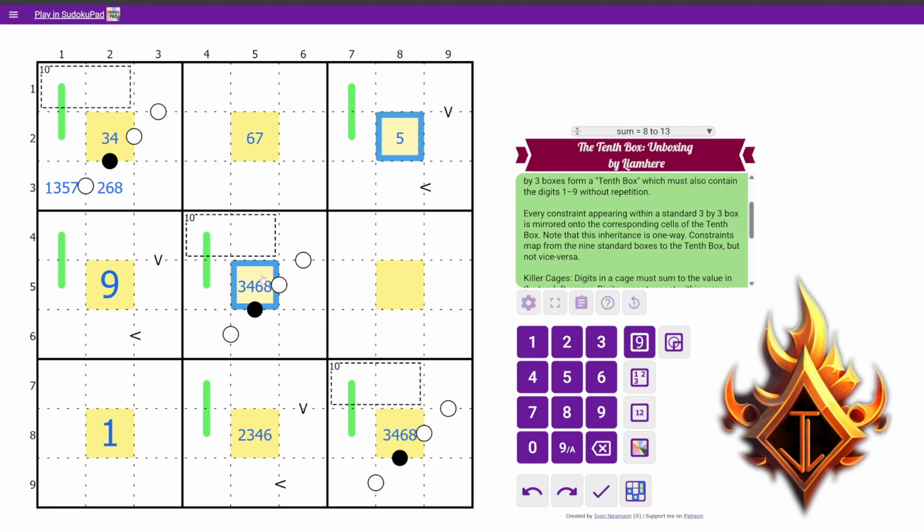Wait. Yeah. 3, 4, 5. Which it can't be. Because if this is 3, that one has to be 4. And then that one could not be. So that cannot be 5.